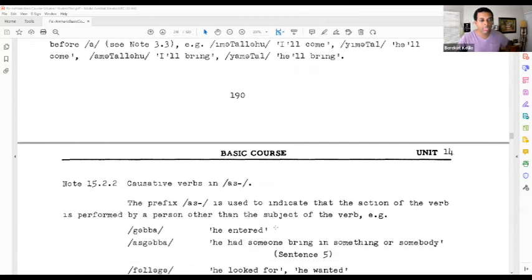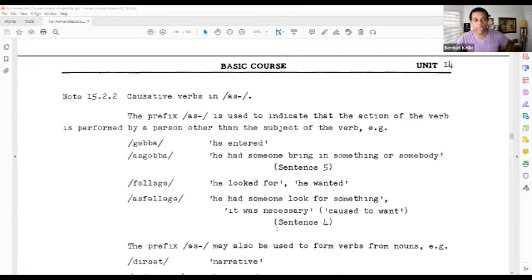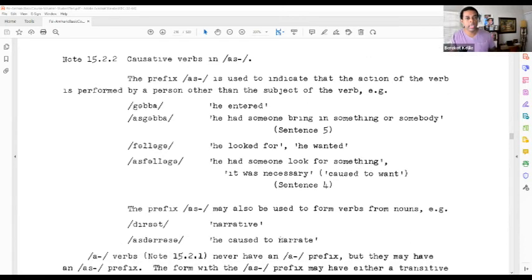That was 15.2.1, so let's go to 15.2.2. These are the causative verbs where you have the as element up front. This indicates action done by someone other than the subject of the verb.